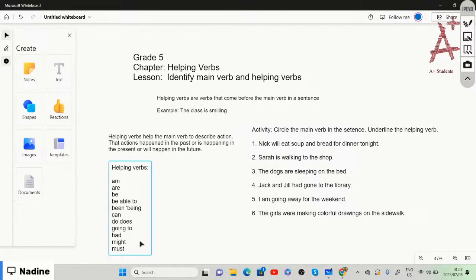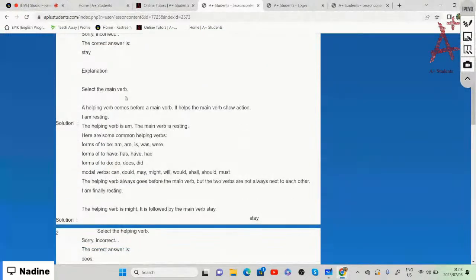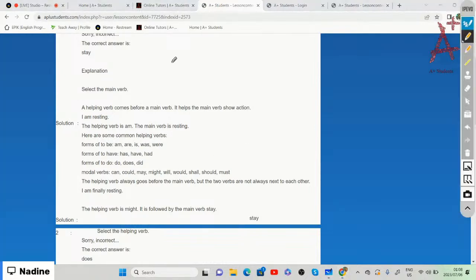But we are now going back to our tutorial, and then we will get a broader idea of what helping verbs are. A helping verb comes before a main verb. It helps the main verb to show action. Here we have an example that says, I am resting.